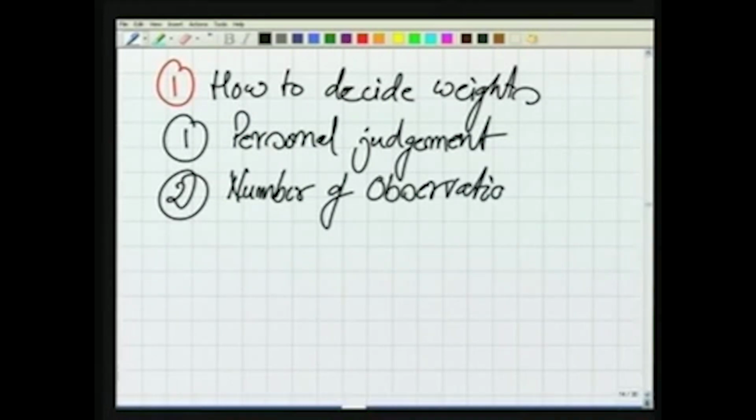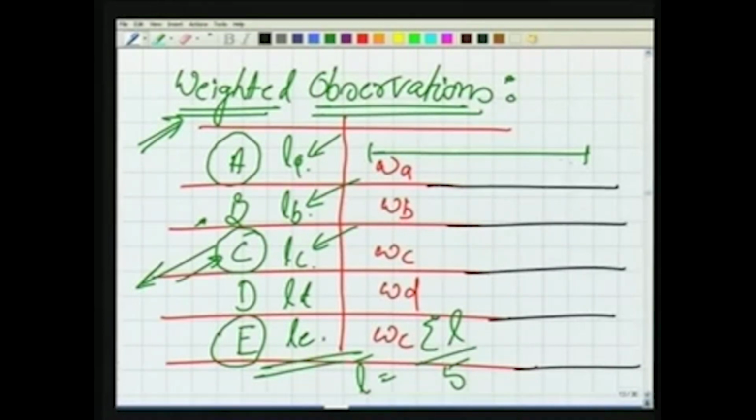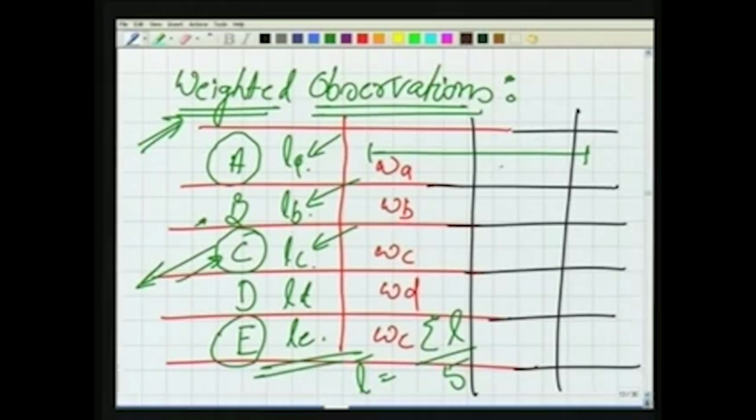What is the meaning of this? Number of observations. Well, here only, if I extend this table further, this length was measured by these observers 5 times, 10 times, 20 times, 40 times, 3 times.